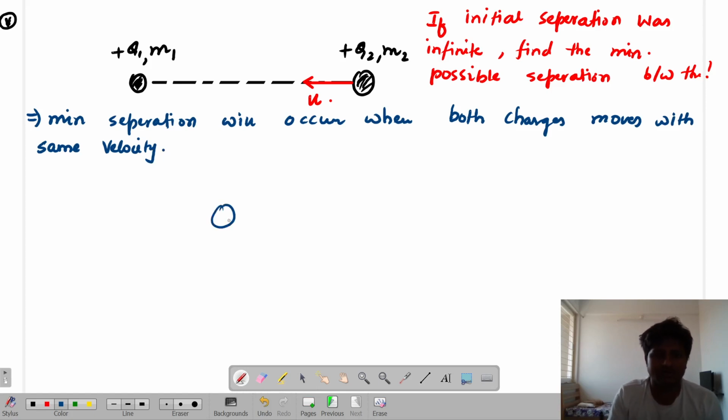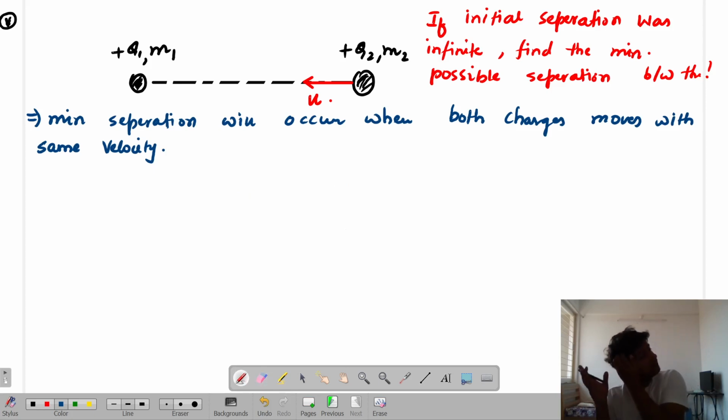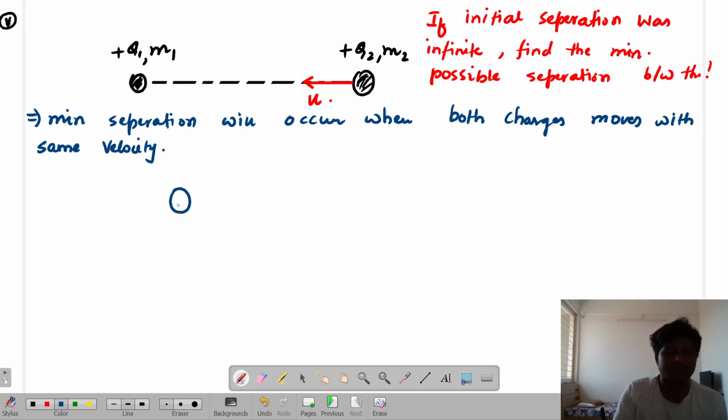Because they can't come closer than that, since both have the same charge and both feel the same repulsive force. So they will have the minimum separation when they suddenly have the same velocity.